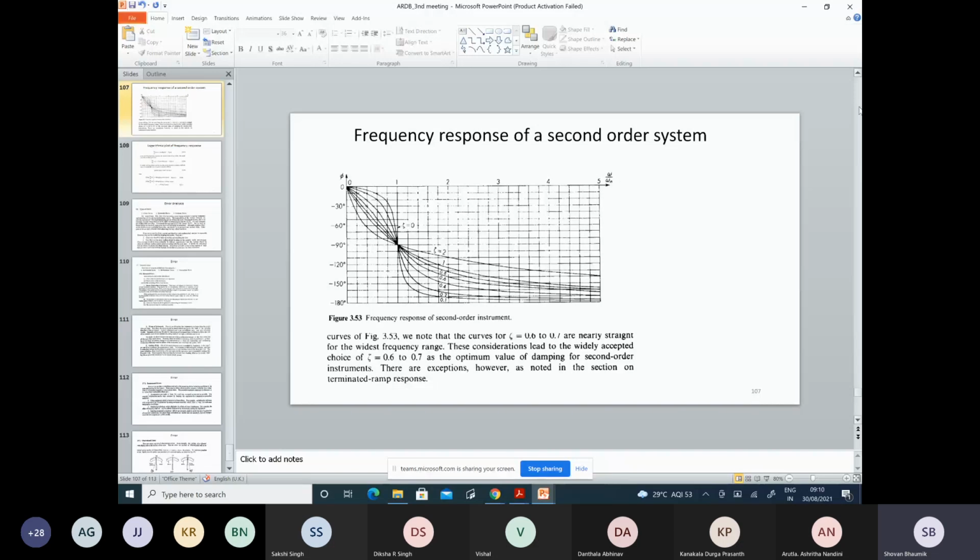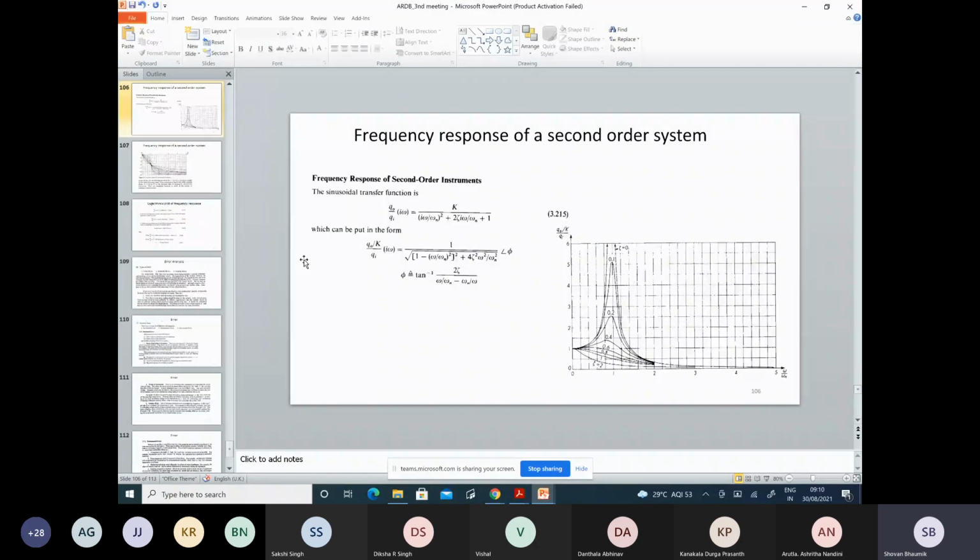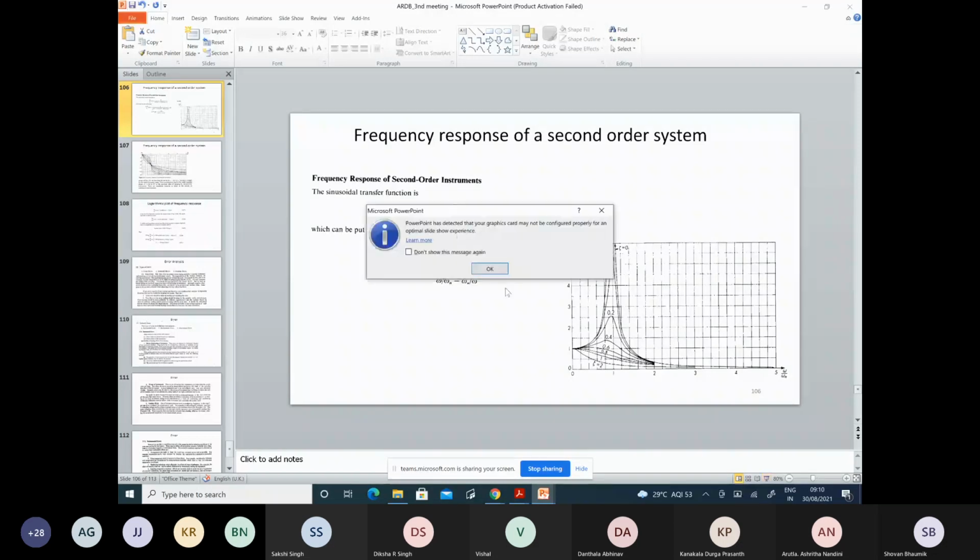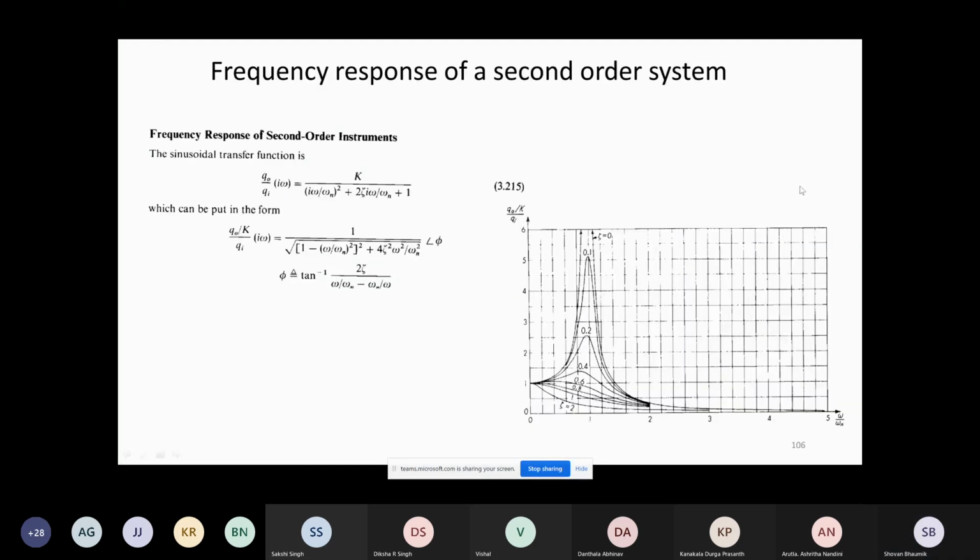Okay, so let's go to the frequency response of a second order system. What we were reading. There I discussed that if you have any system, and it may be second order or first order, if you give some sinusoids, the output will be sinusoids, only the amplitude and the phase will be different, and the amplitude and the phase will change for each and every omega, whatever input you give.